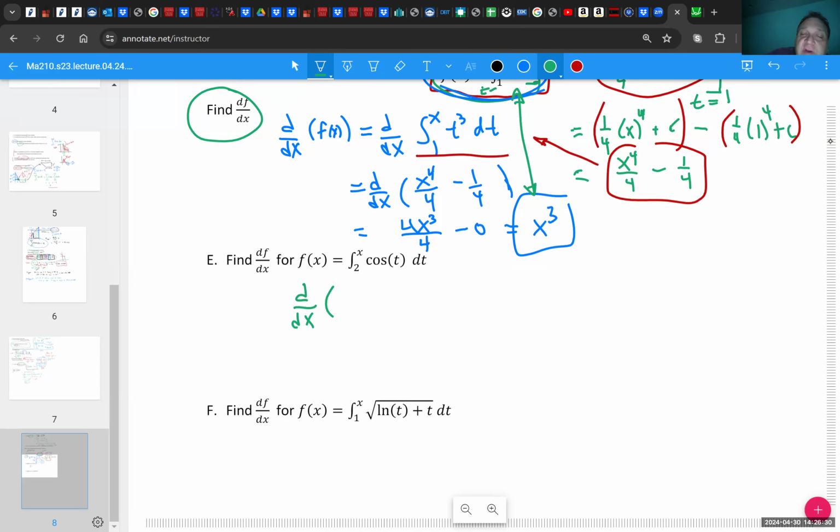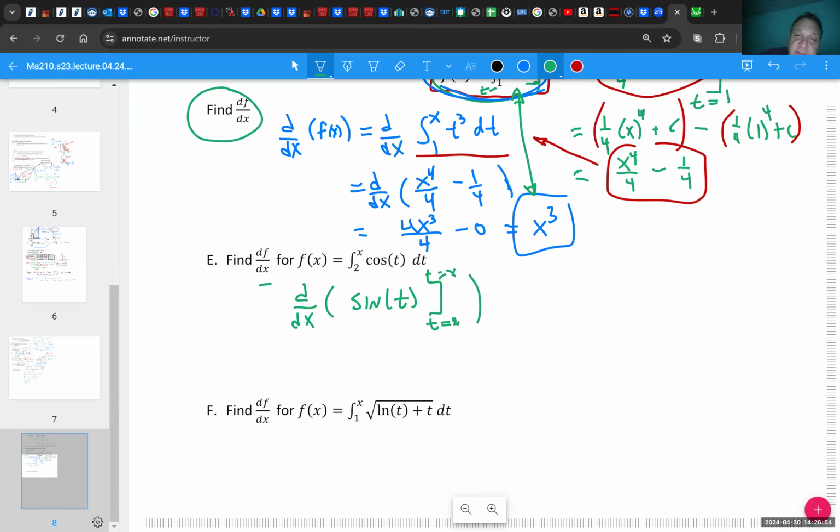So the antiderivative of cosine is called sine. Notice the variable here is t, and I'm going to be plugging in the values of 2 and x. Right, so I got to take the antiderivative, plug in the two values, and then I still have to find the derivative of that because I'm looking for the derivative of this f function.